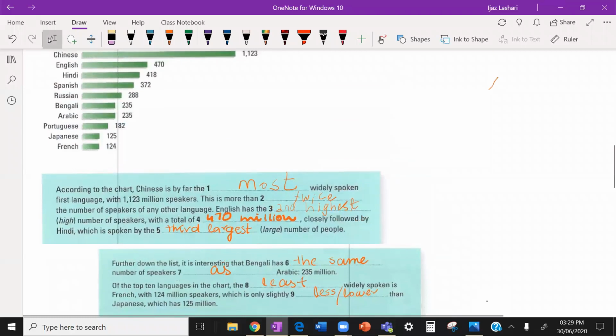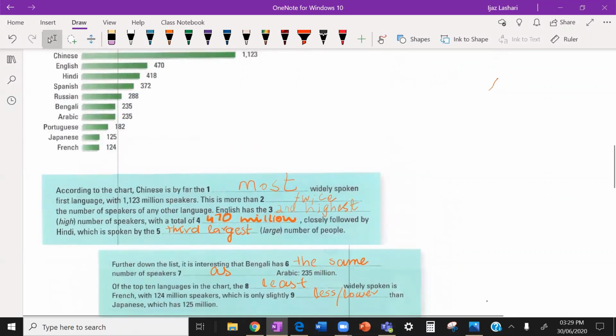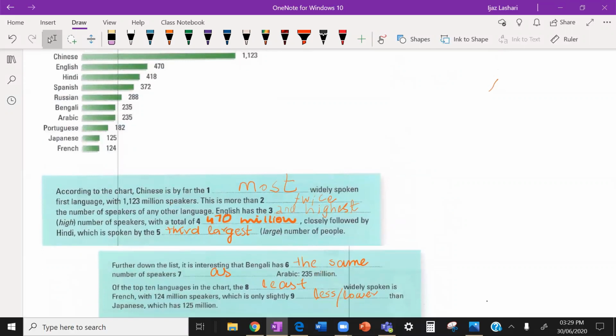Okay, now this is an example of how you can write your answer when you are given this kind of bar graph. Now we have filled in the gaps. Can someone read the whole answer as two paragraphs?